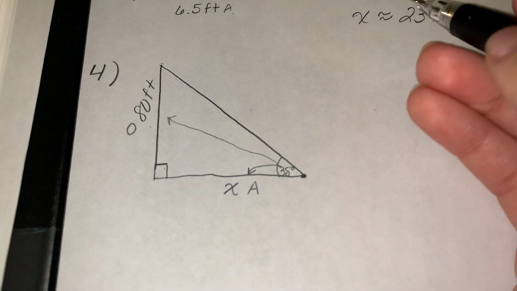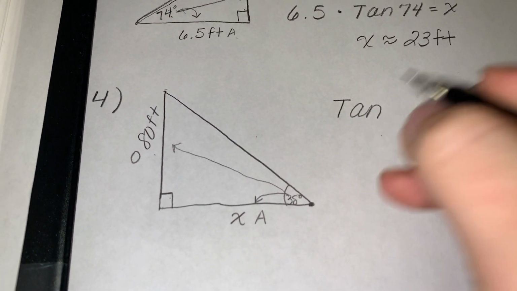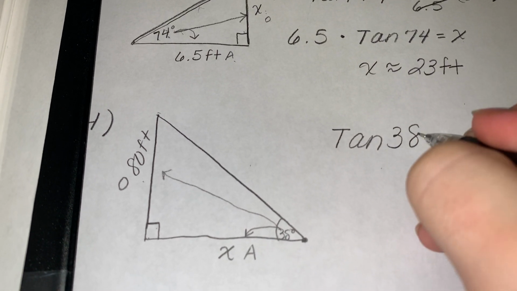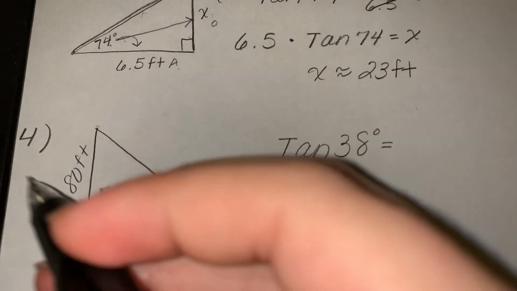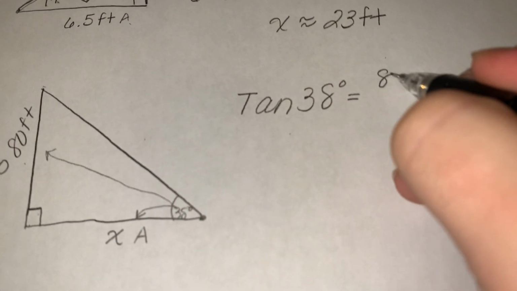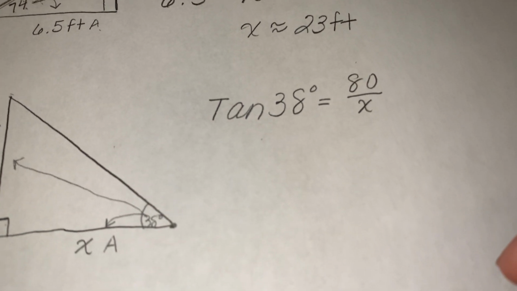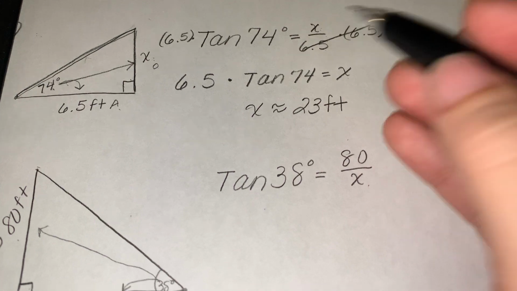So again, similar setup. I'm going to do the tangent of the angle, which is 38 degrees, equals opposite over adjacent. My opposite in this case is 80, over x. I now need to solve for x, and x now is on the bottom, unlike this one where it was at the top.